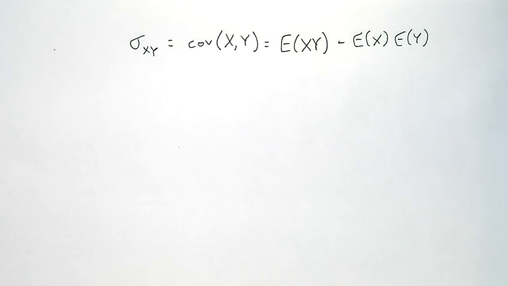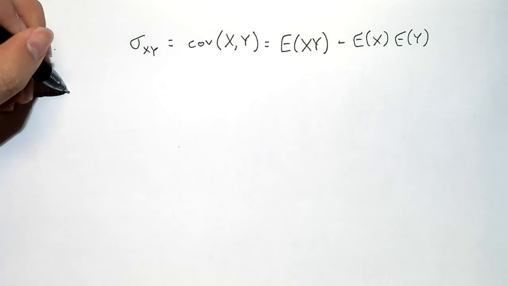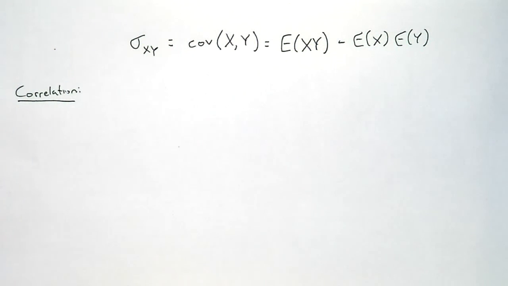So that is my covariance. There is another measure that we are going to solve for, and that is the correlation. The correlation between two random variables is simply a scale of the covariance of those variables. So essentially, we're taking the covariance and then we're just scaling it so that we can, for example, compare apples to oranges.